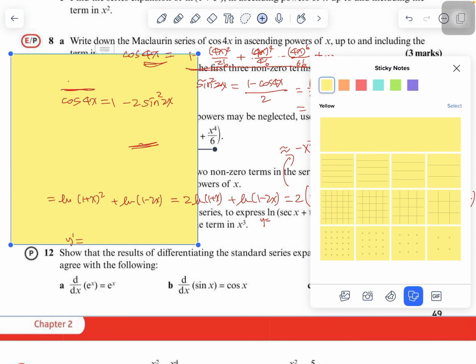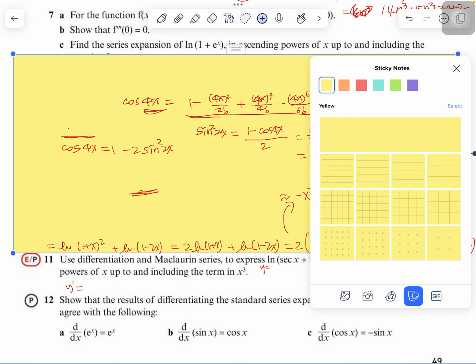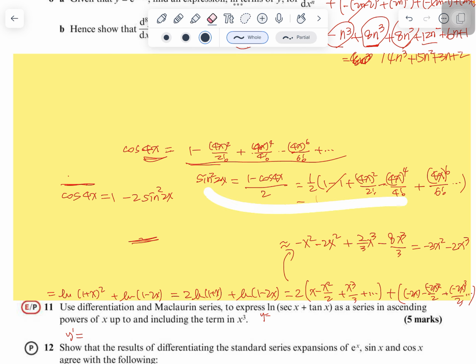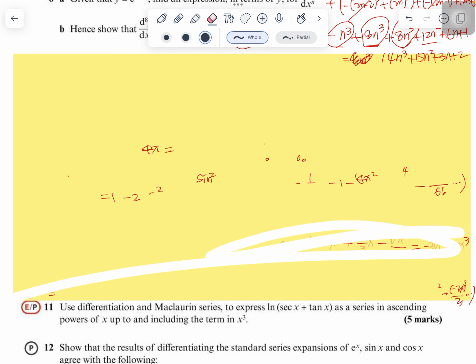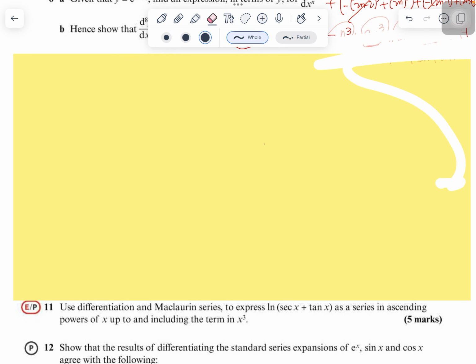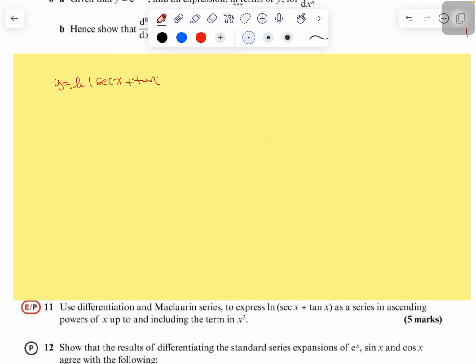Let's delete everything. So y equals ln of secant x plus tan x.